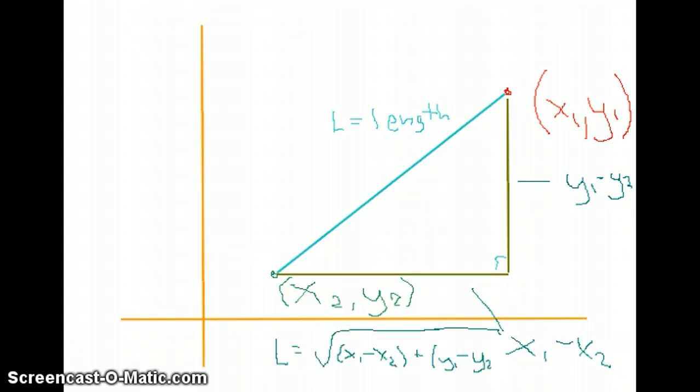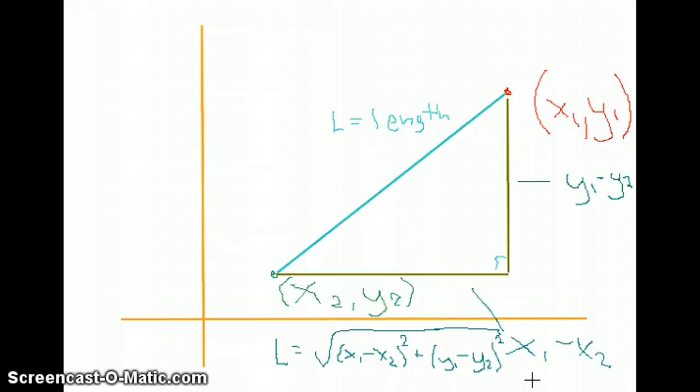So the length of the hypotenuse in this triangle is the square root of (x1 minus x2) to the power 2 plus (y1 minus y2) to the power 2. This way we can calculate the length.